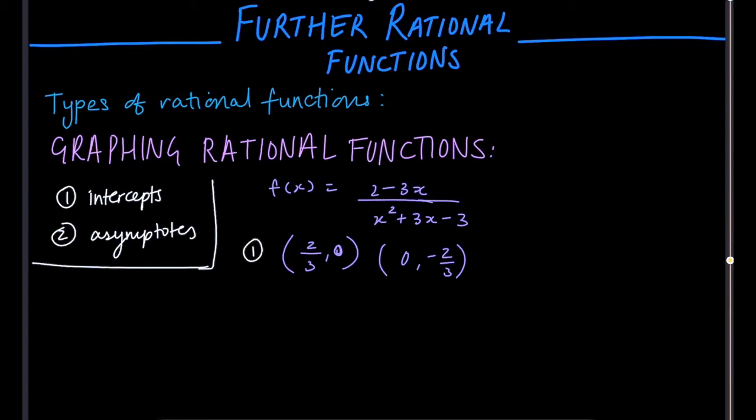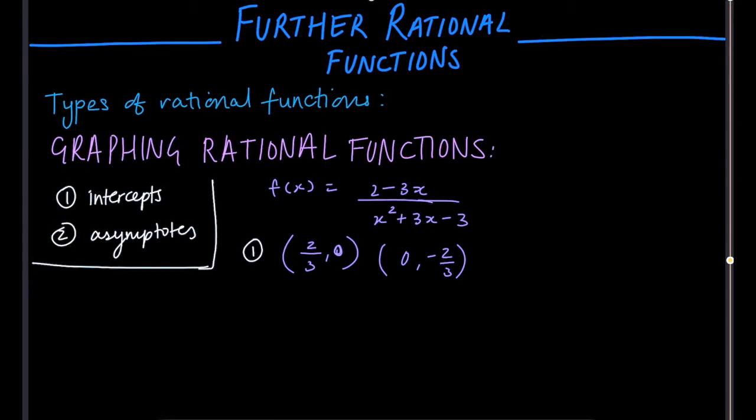And now we need to find our horizontal asymptote. So we can divide the numerator and denominator by x squared, because the degree of the denominator is greater than the degree of the numerator. And then we would get, as x approaches infinity, f of x approaches 0.